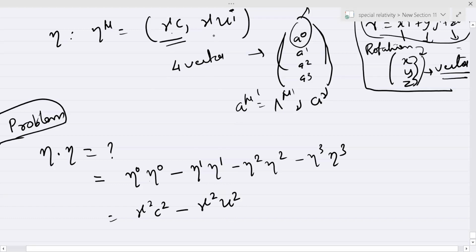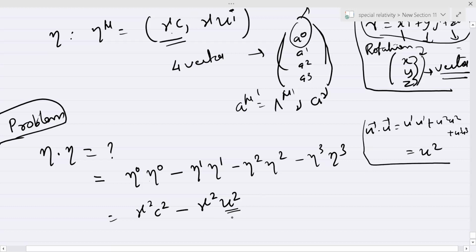Because this is gamma square u1 square plus gamma square u2 square plus gamma square u3 square. So you can take gamma out. Is this clear, or should I explain why we have a u square here? U square is simply u vector dot u vector, u1 square plus u2 square plus u3 square. This is what we call u square. This is fine, and we have a gamma here.